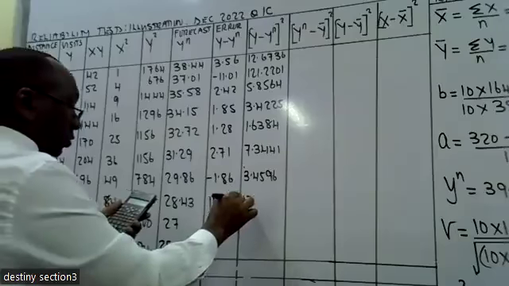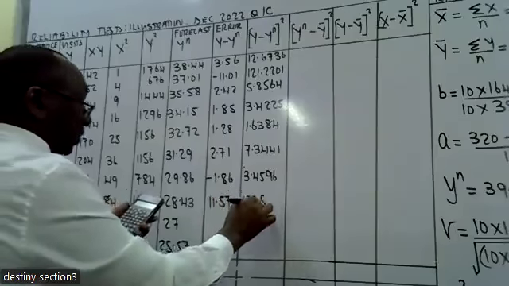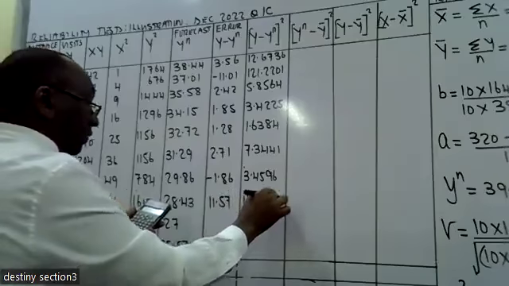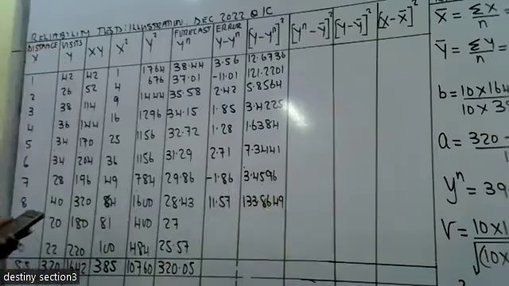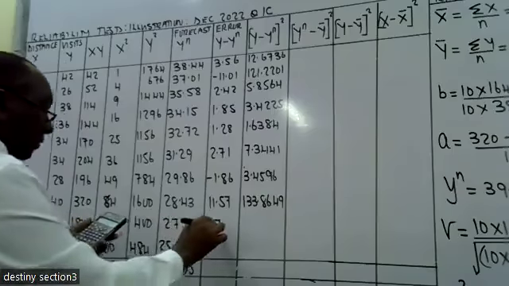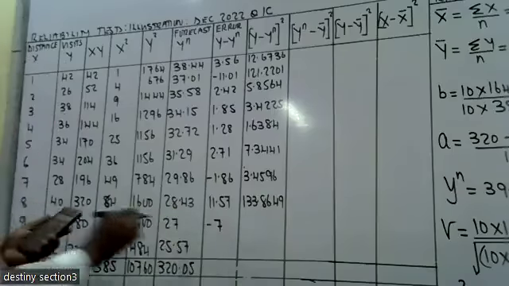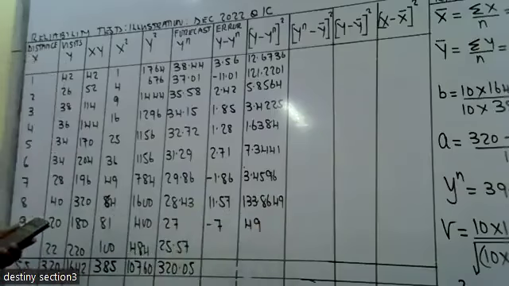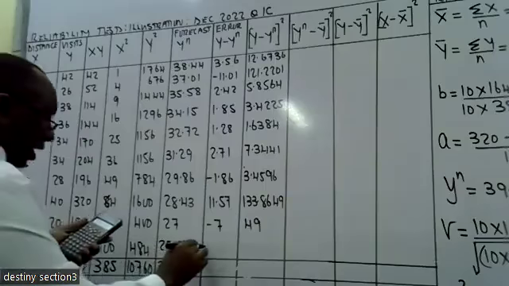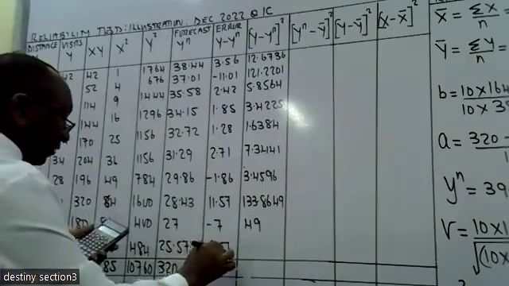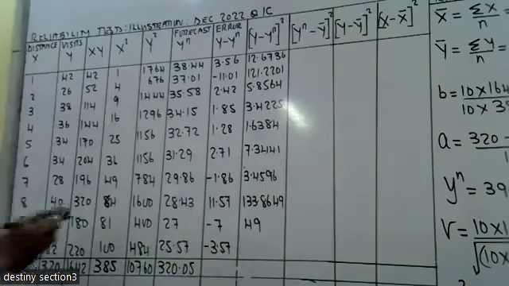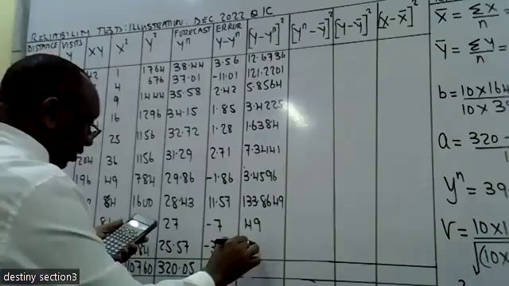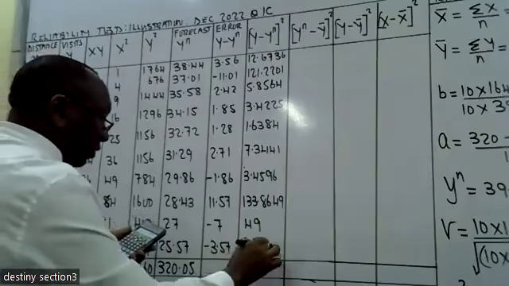Square that is 133.8649. 20 minus 27 is negative 7. You square that, you get 49. 22 minus 25.57 is negative 3.57. You square that, you get 12.7449.